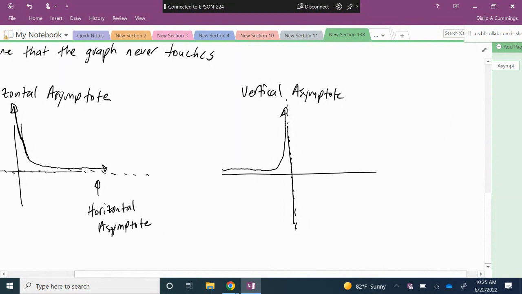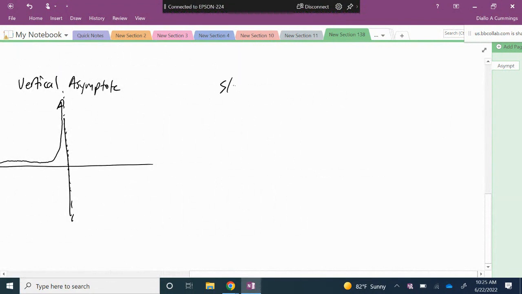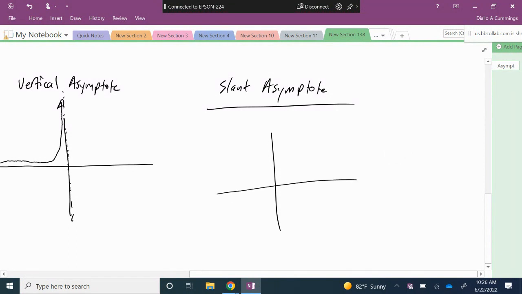And then we have what's called a slant asymptote, or an oblique asymptote. A slant asymptote would be a slanted line. Here again, this is actually an imaginary line.